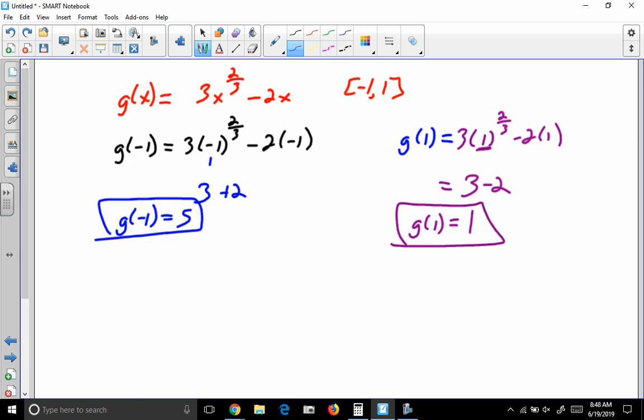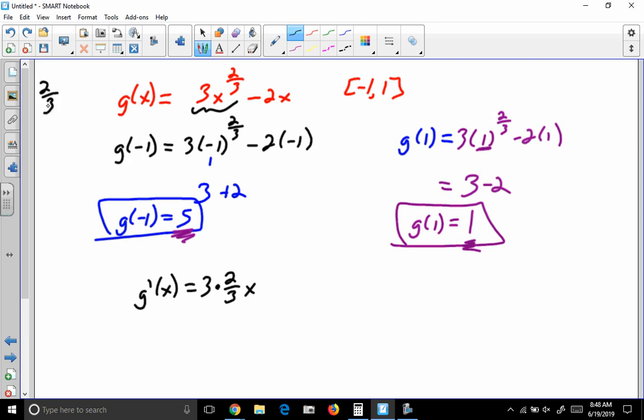So if we have a higher point than the left side or a lower point than the right side, it's going to have to occur at a critical point. So we need to take our derivative and find when is our derivative 0 or when is our derivative undefined. If we take the derivative of the first term, 3 is a coefficient, we bring the exponent down, and then we do x to the 1 less power.